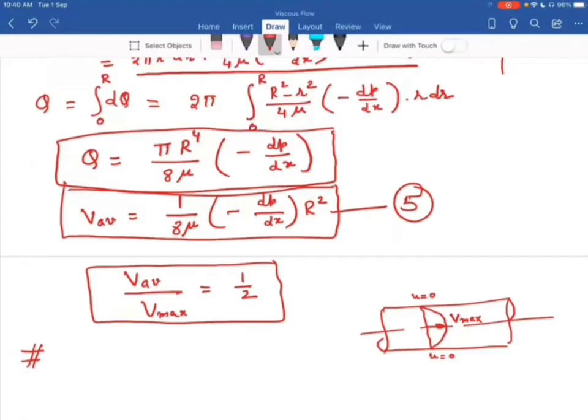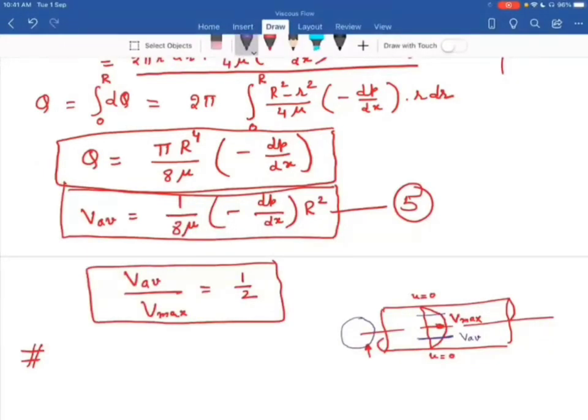Along the y direction, we have one layer whose velocity is equal to V average, because velocity varies from 0 to V max. So one layer will come that is in the form of a circle, if we talk about the cross section. Along this circle, the velocity is equal to V average.